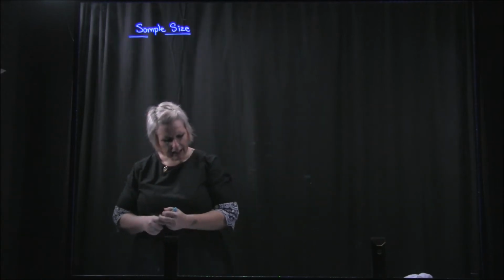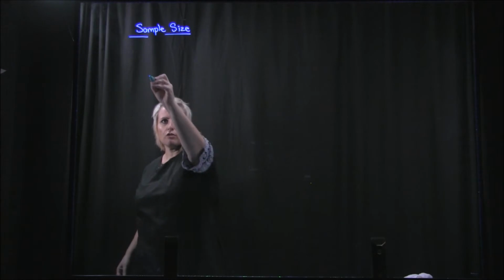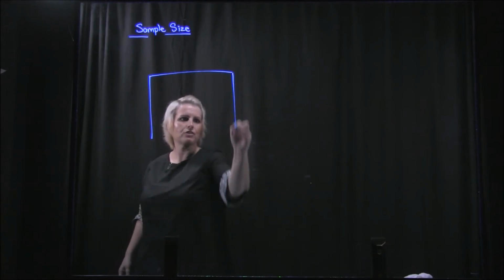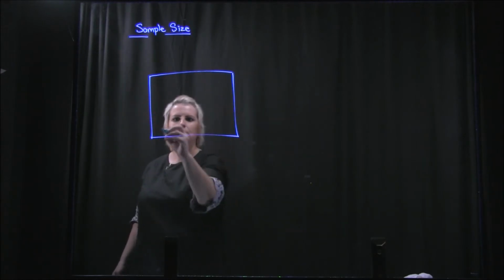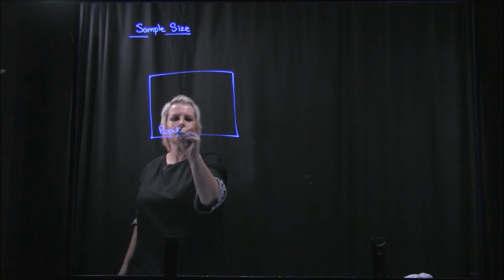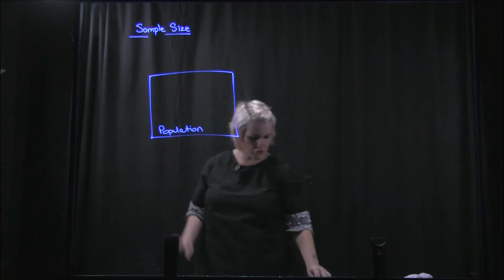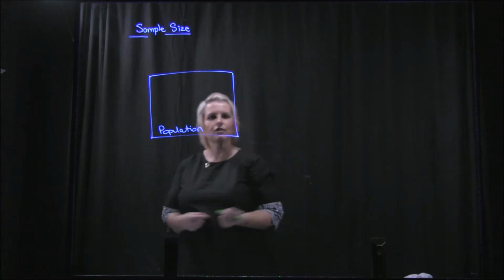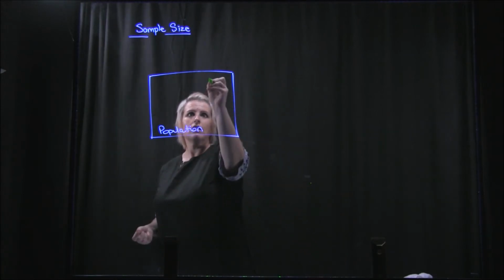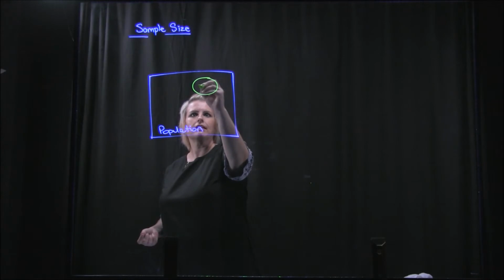So basically, if you have an entire population, this is everything in the population: everyone in Australia, every piece of furniture in school, every single student at this school, and then this is basically the sample.